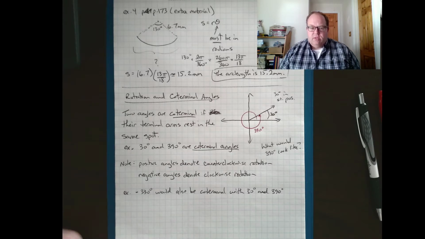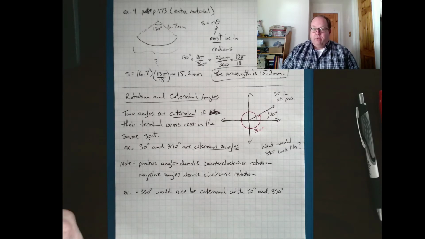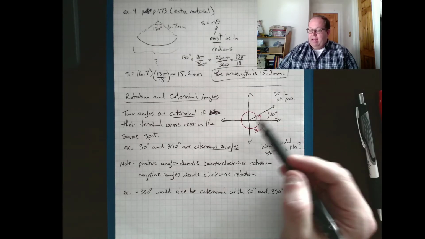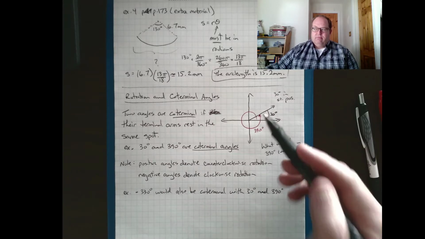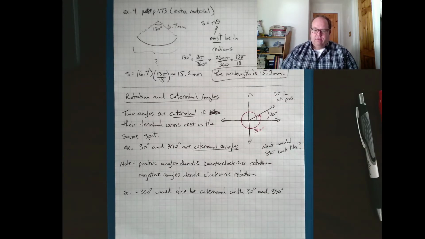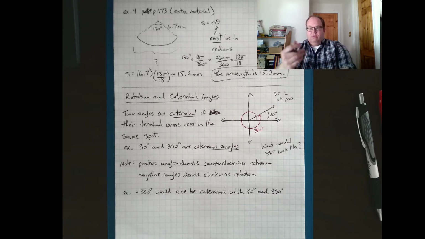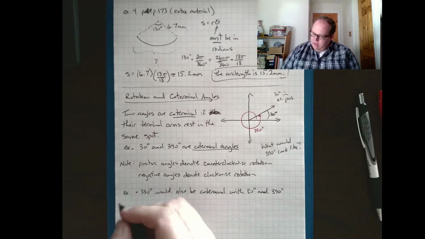And then you might say to yourself, well, couldn't you just keep going with that? Couldn't I just either keep adding or keep subtracting 360 degrees and keep getting coterminal angles? And you absolutely could. And because of that, we bring in a set of notation that lets us talk about all angles coterminal with a particular angle.